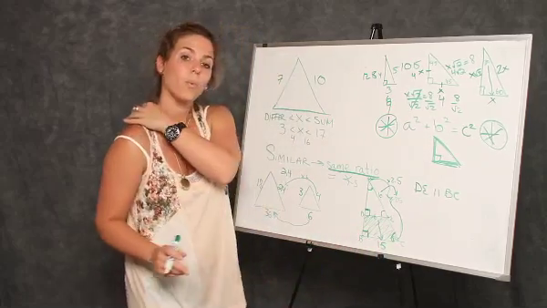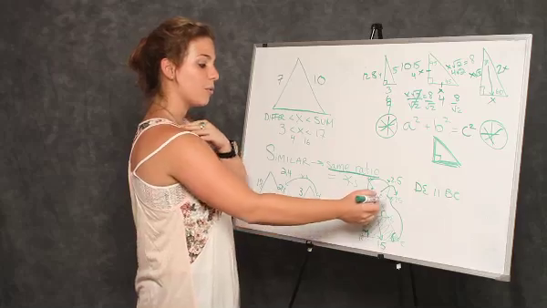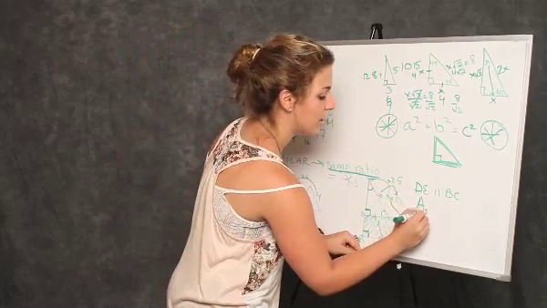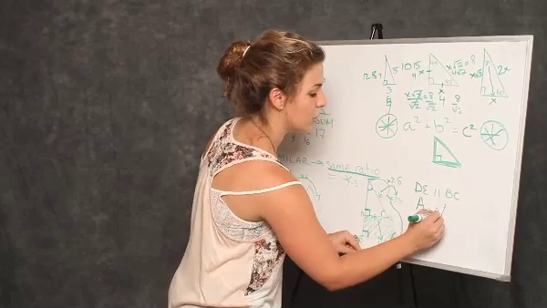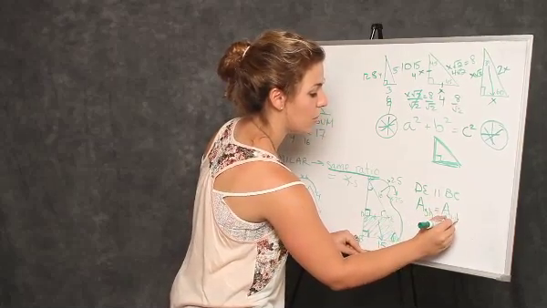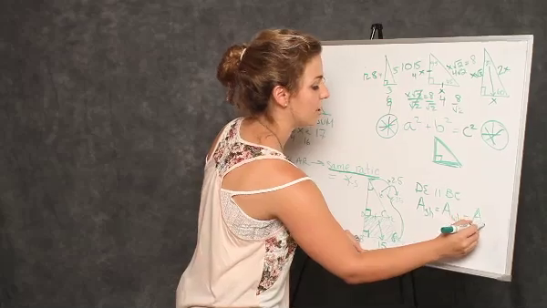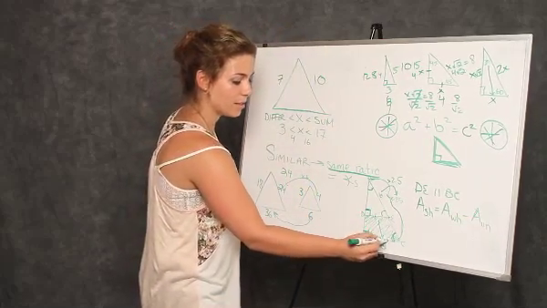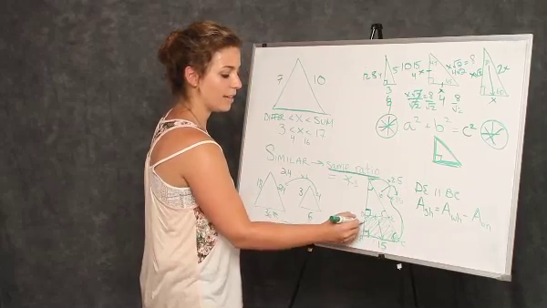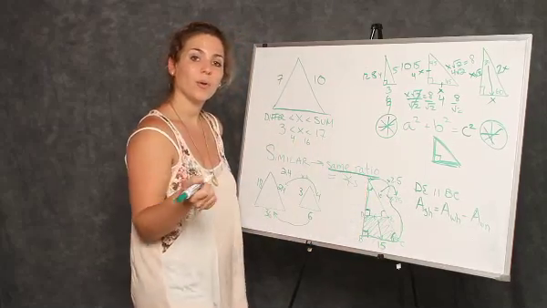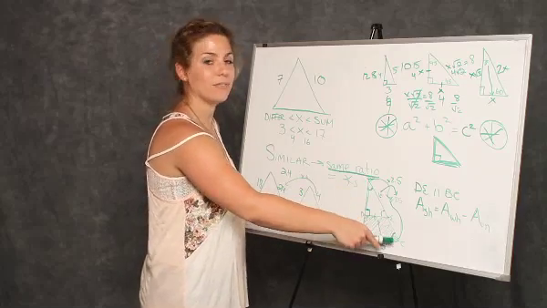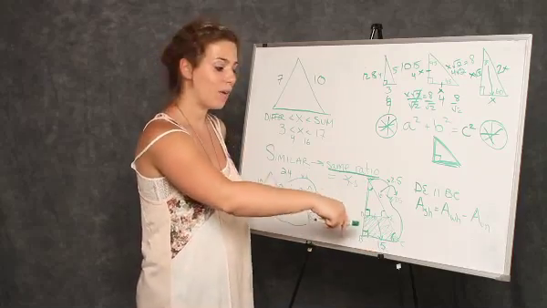So now what we can do is, in order to find the shaded area, we do the area of the shaded is equal to the area of the whole minus the area of the unshaded. And so the area of the whole, we have its base, but we don't have its height. However, what we do have is that this is a 3, 4, 5 triangle times 5.